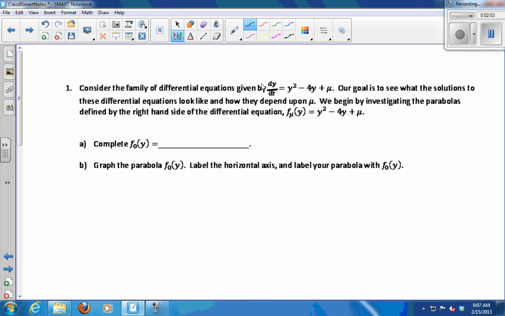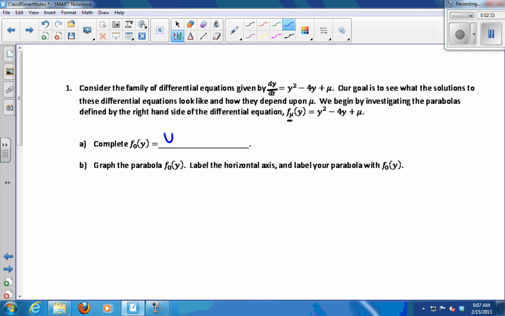So I'm going to start by just looking at the parabolas that are defined by the right-hand side of the equation. Y squared minus 4y plus a constant is just a quadratic function. I call this f sub mu, how I refer to the family of differential equations where I take on all different values of mu. And so f sub 0 is the function where I replace mu with a 0.